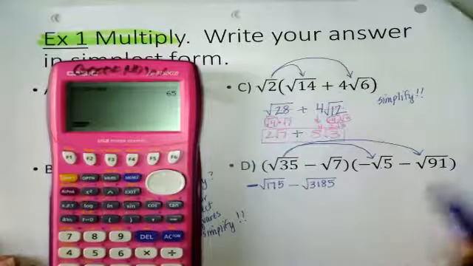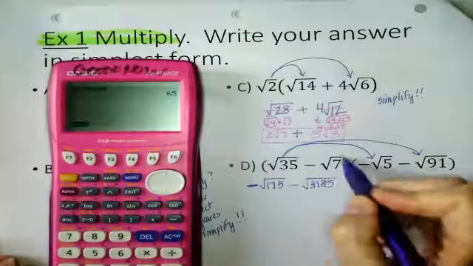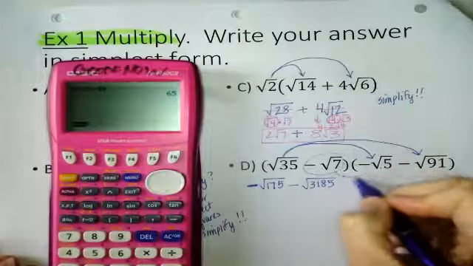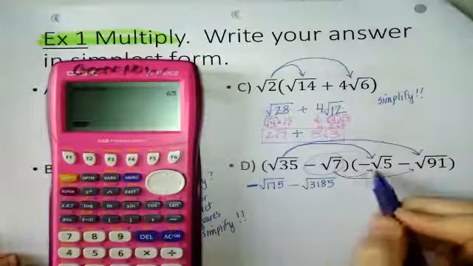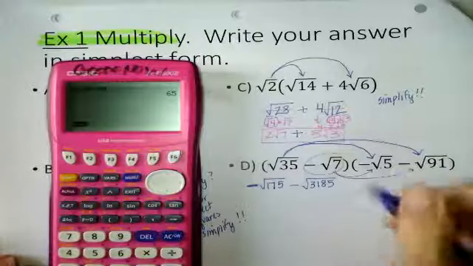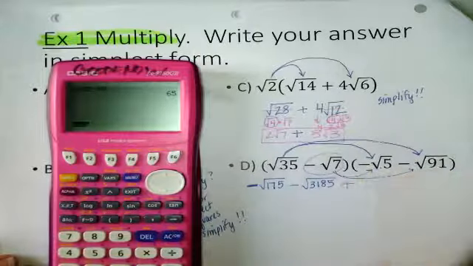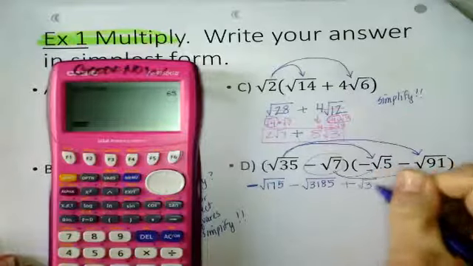All right, now we've got to distribute this negative radical 7 to both terms. So my inner terms here, negative radical 7 times negative radical 5. Negative times negative turns to positive. Radical 7 times radical 5 is radical 35.